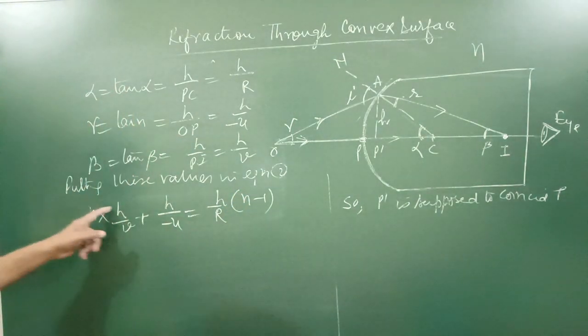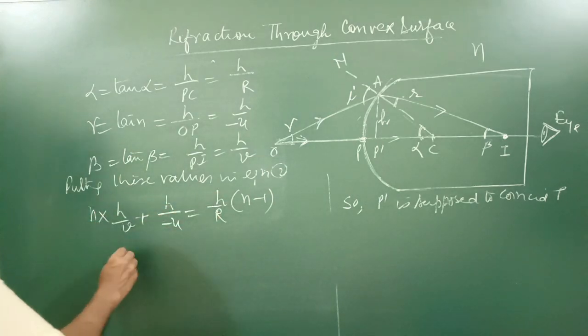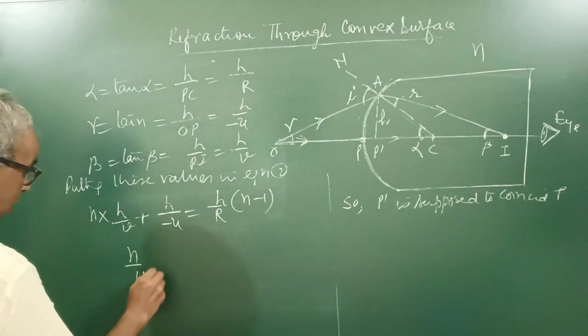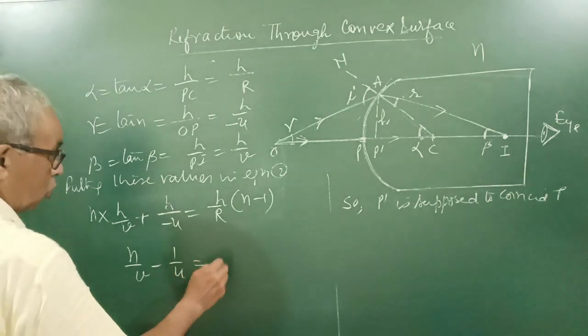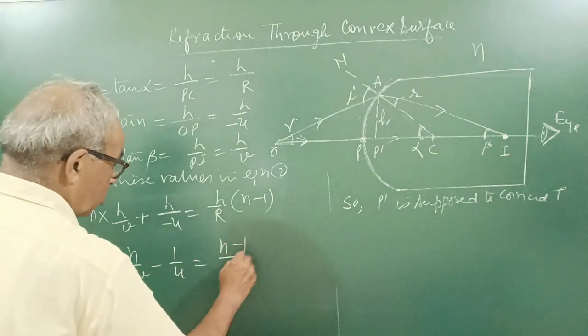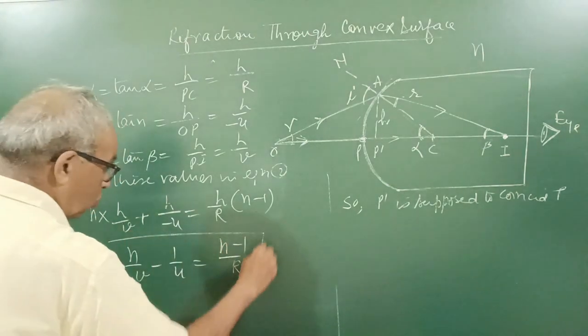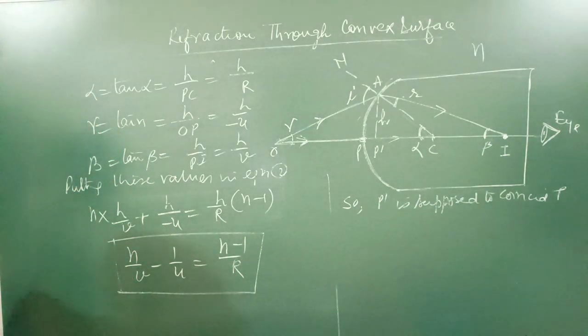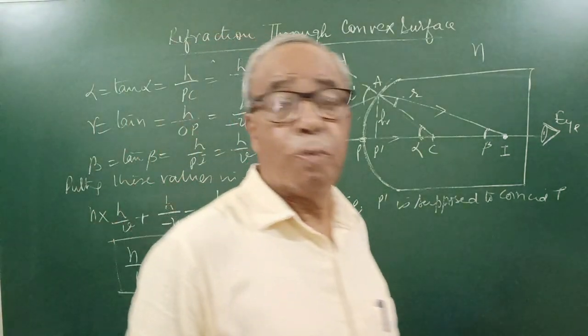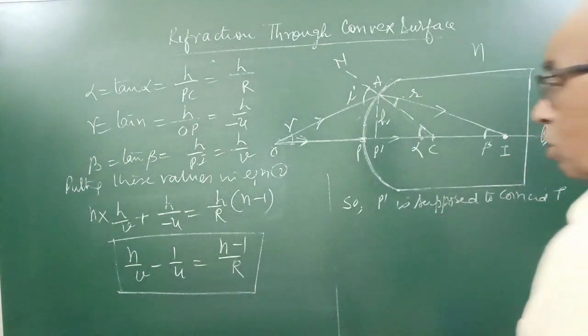Again h gets cancelled, or n upon v minus 1 upon u equals n minus 1 upon r. Again you get the same formula, n upon v.